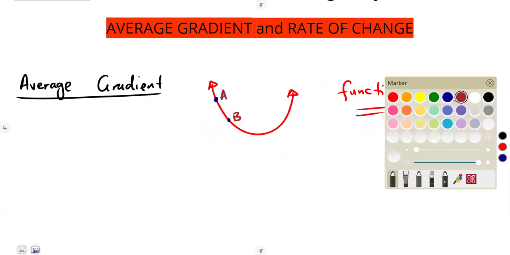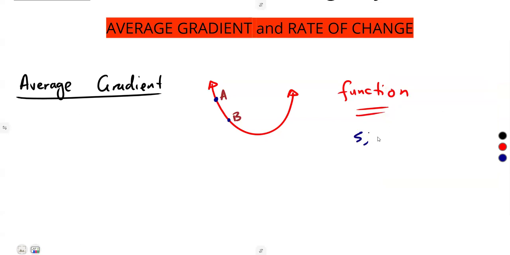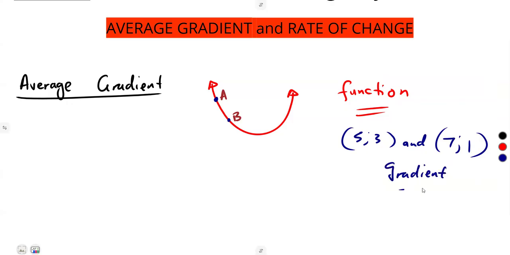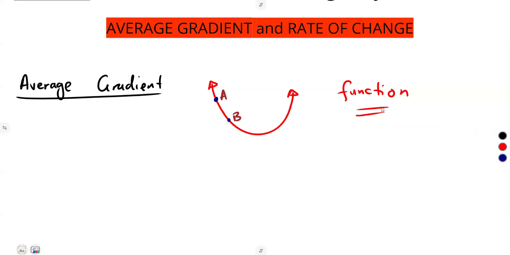Previously, you were just asked to determine the gradient between the 2 points, 5, 3, and another point, maybe 7, 1, like this. You were already given the points. So it is just a continuation from that part, only that you are the one to determine these points from a certain function.